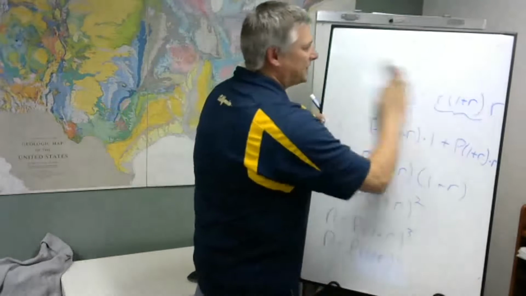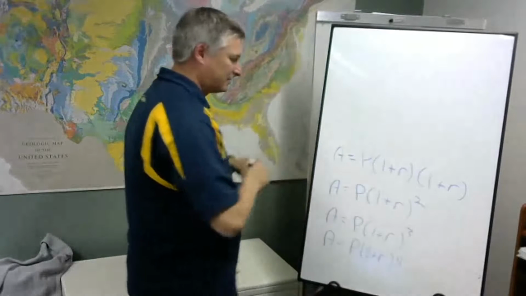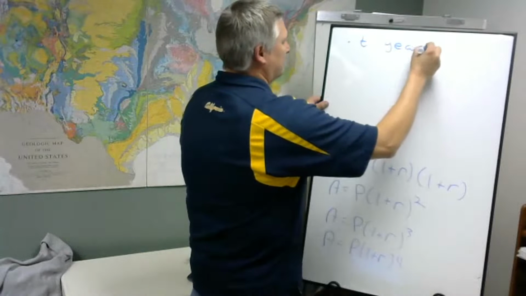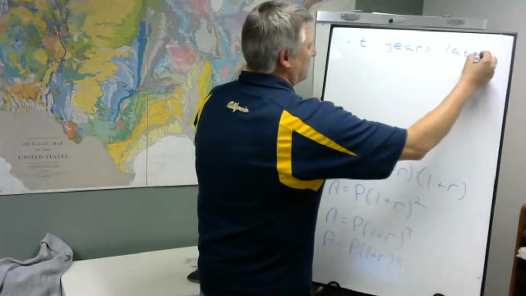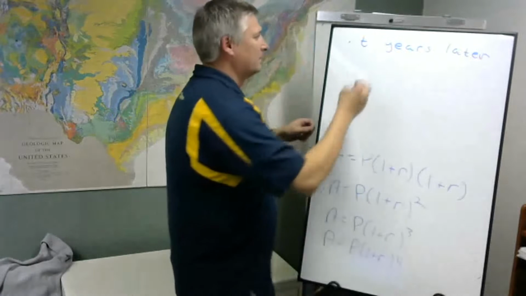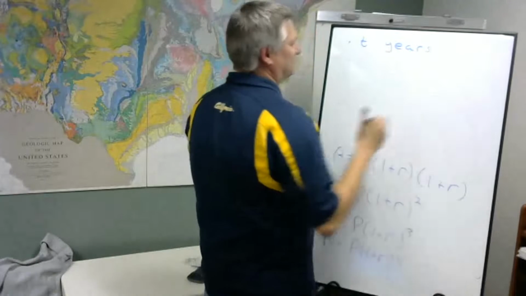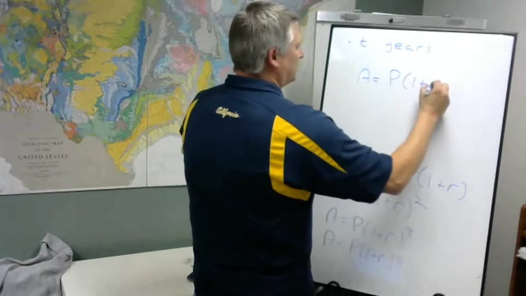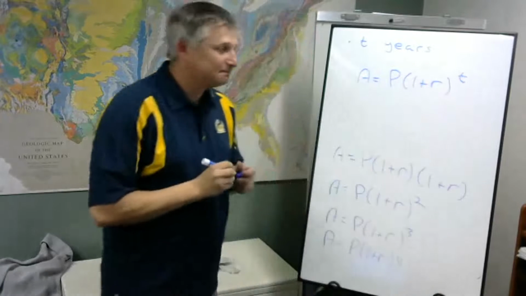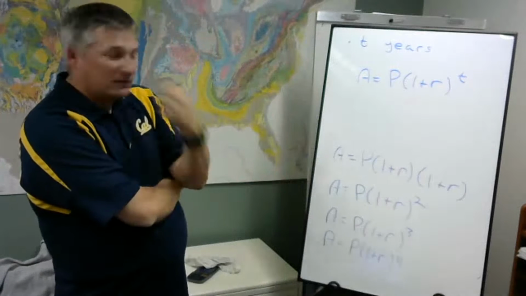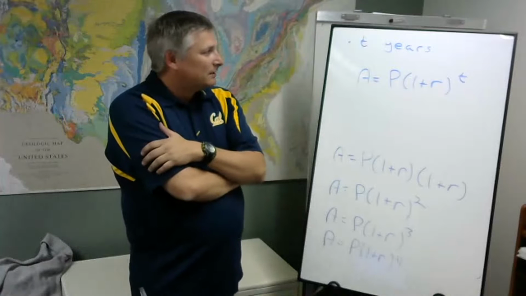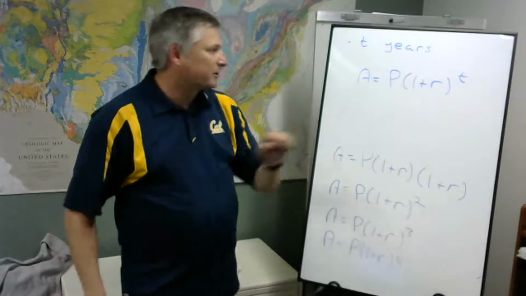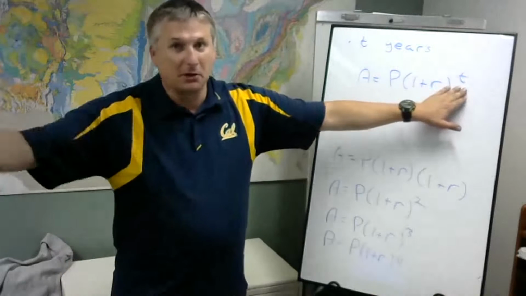So if we do this for T years, from when we started, so say it's been T years total, what we'll owe is P(1 + R) to the T. All right. So this is after 2 years, after 3 years, after 4 years, after some T years into the future.